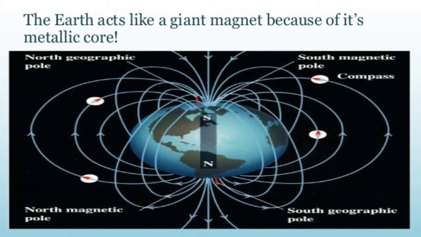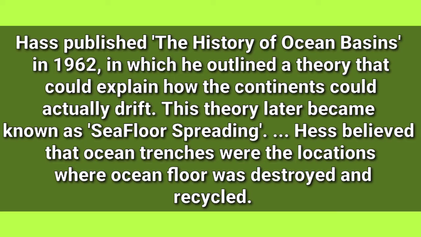seafloor spreading. According to Hess, constant eruption at the crest of oceanic ridges causes ruptures of the oceanic crust, and the new lava wedges into it, pushing the oceanic crust on either side. The ocean floor thus spreads.